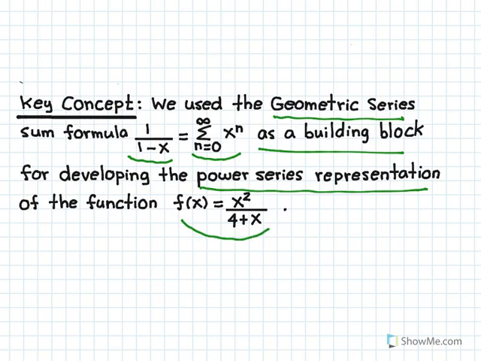And I think in the first instance, we had f of x equal to 1 over 1 plus x cubed. In both instances, we algebraically manipulated the geometric series formula, and we used it as a building block to develop the power series representation of the function that we were after.